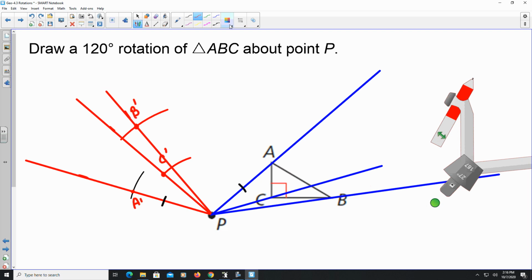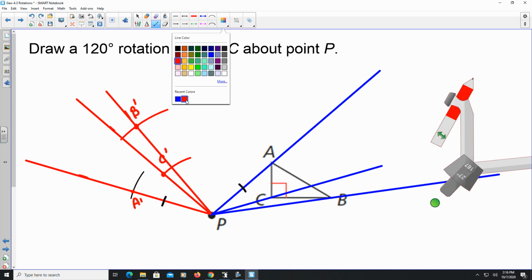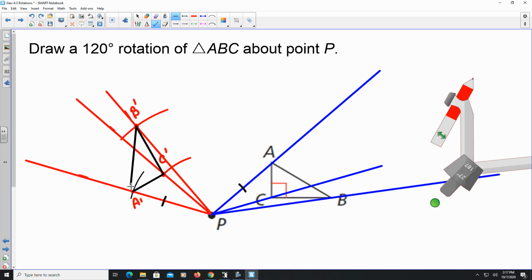So to connect all the lines, I'll do it in red. So actually, I'll do it in a different color. I'll go black so it's more apparent. So A prime to C prime, C prime to B prime, and then B prime to A prime.